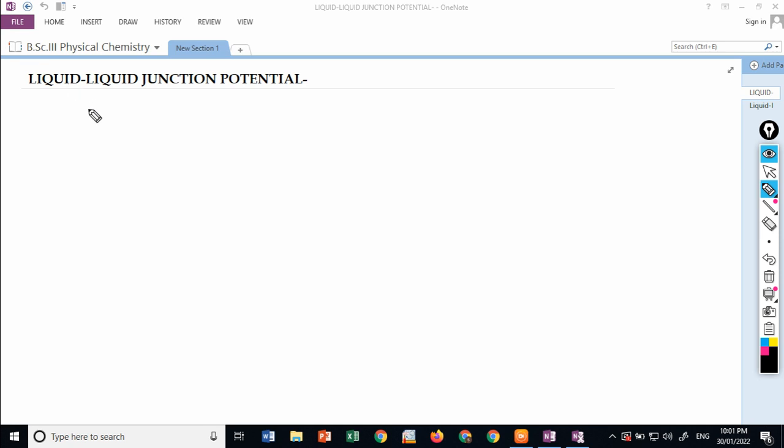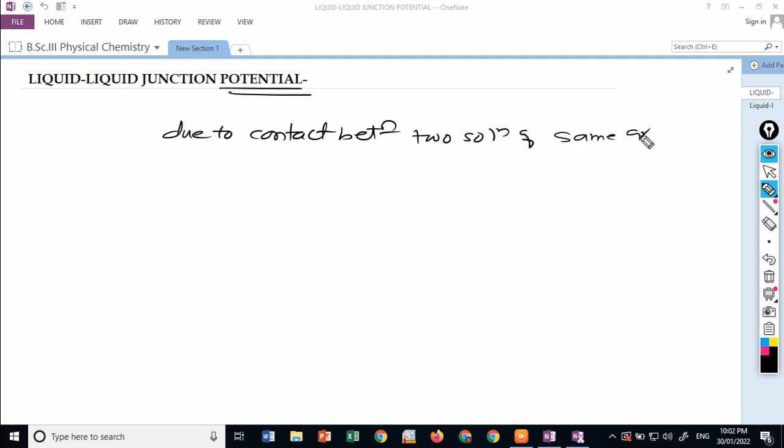Simply, it is a potential which is developed due to contact between two solutions of same or different electrolytes, okay, at the junction, and it is called the liquid junction potential.